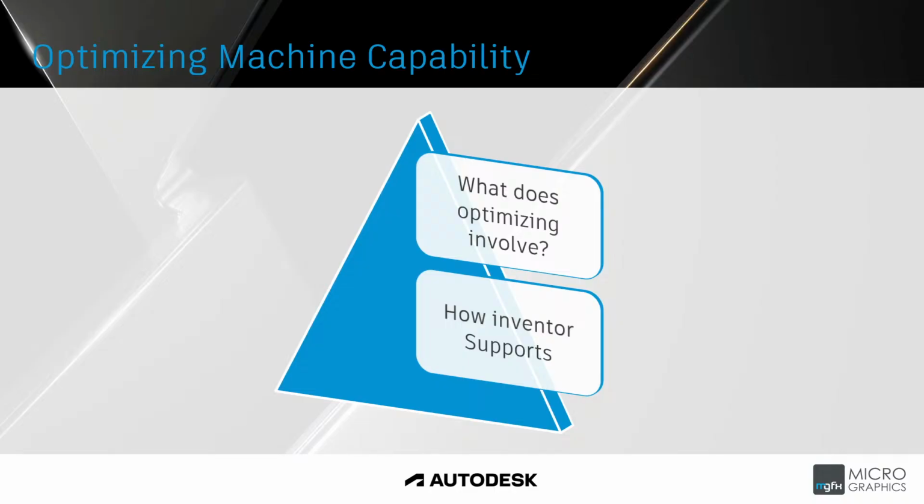What does optimizing involve? You've got your machine capability. This refers to the ability of a machine to consistently produce parts within tolerance, meet production demands, and perform efficiently under varying workloads.